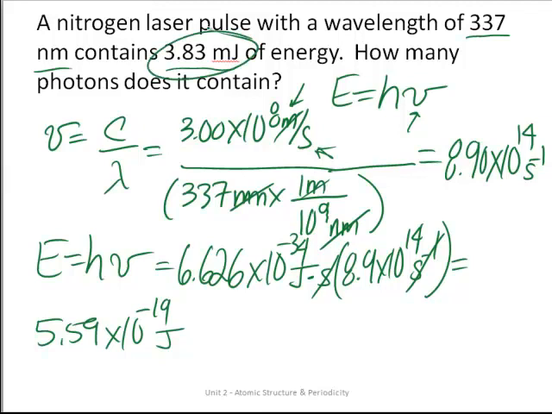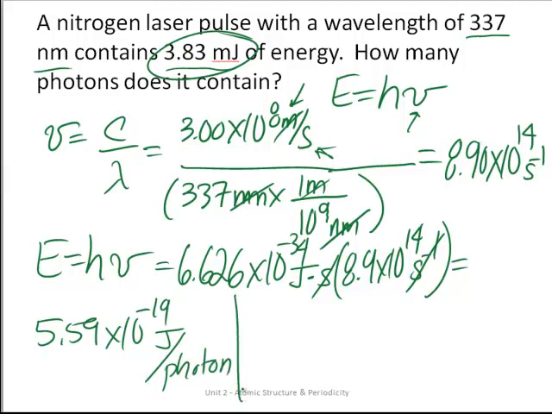From the problem, we were given that the total energy was 3.83 millijoules. Okay, and so what we can do is convert that into joules, dividing by 1,000 millijoules in 1 joule, and then using that to determine our number of photons. So we can think about this as the joules per photon.